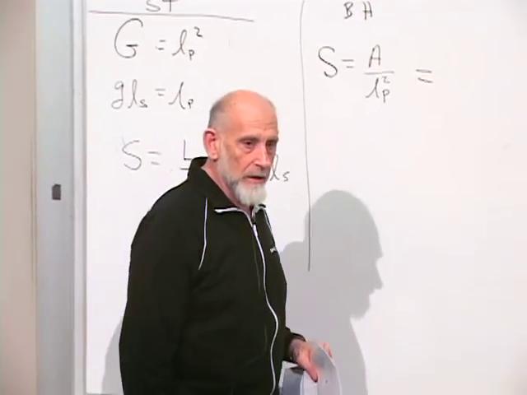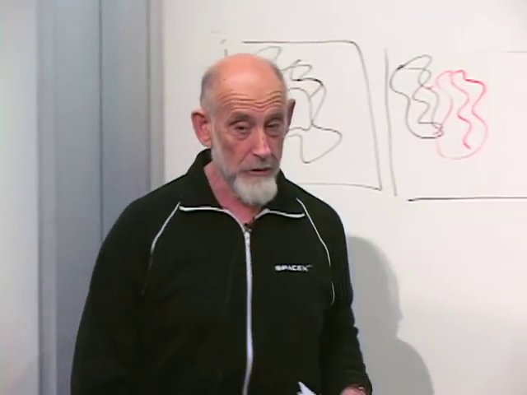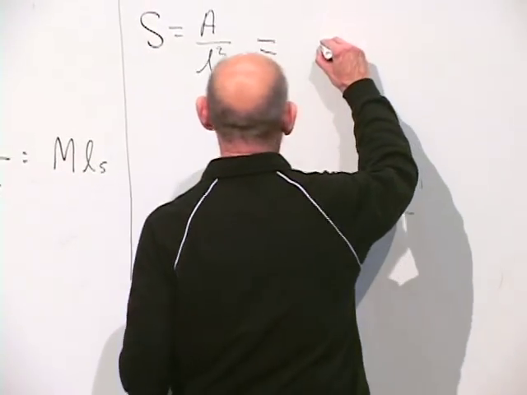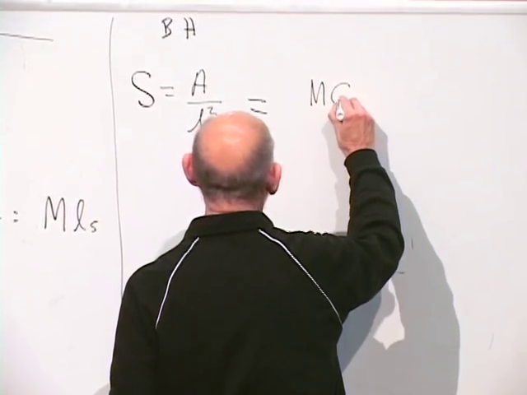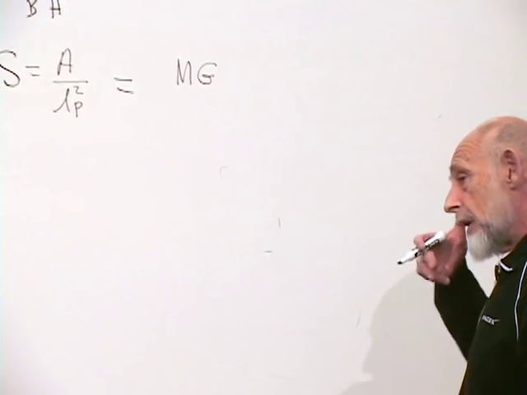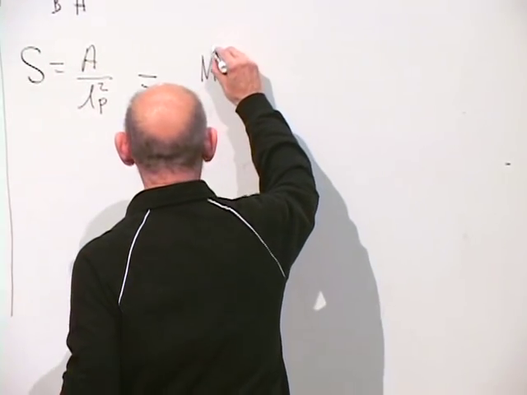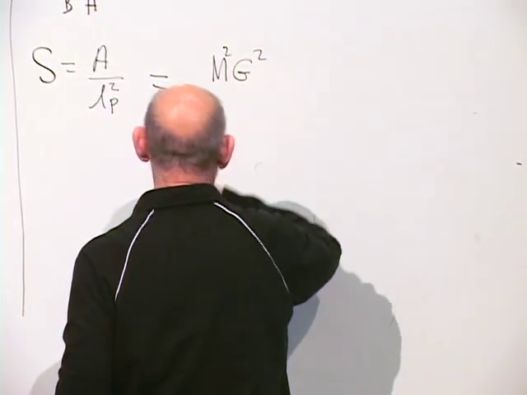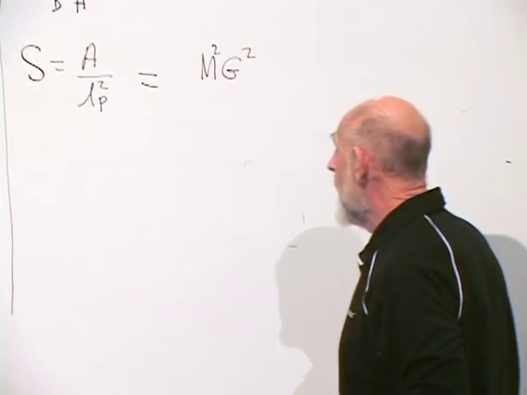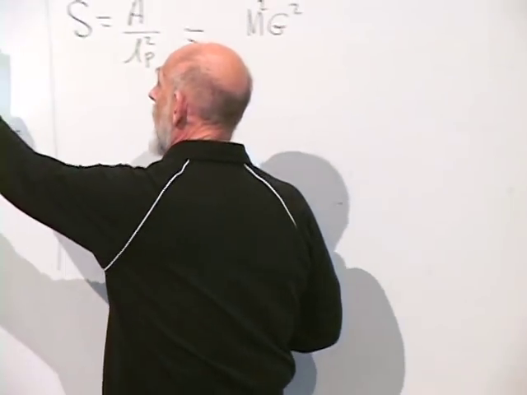We can also write this another way. The area is equal to the square of the Schwarzschild radius, and the Schwarzschild radius is mG. I'm leaving out 2's and 4's and things like that. We square that, m squared G squared, that's the area, and now we divide it by either G or L Planck squared.